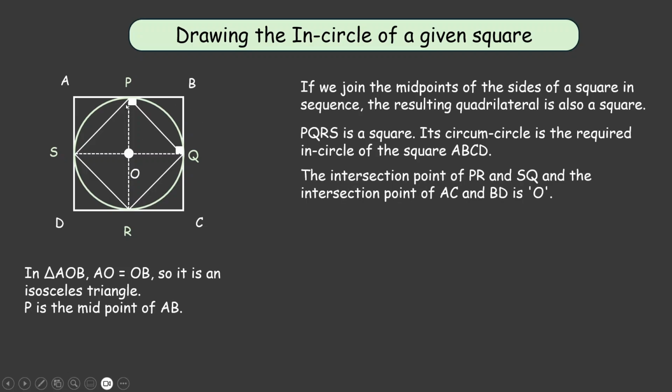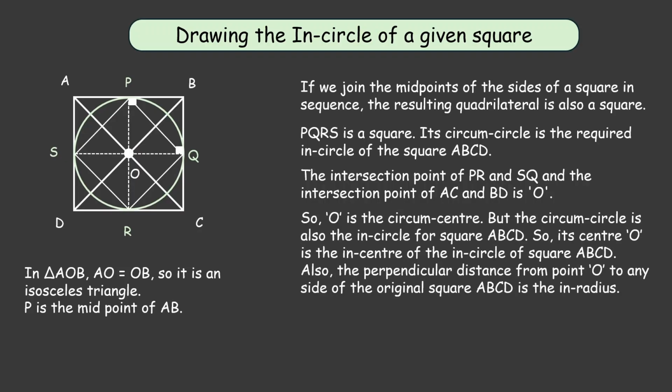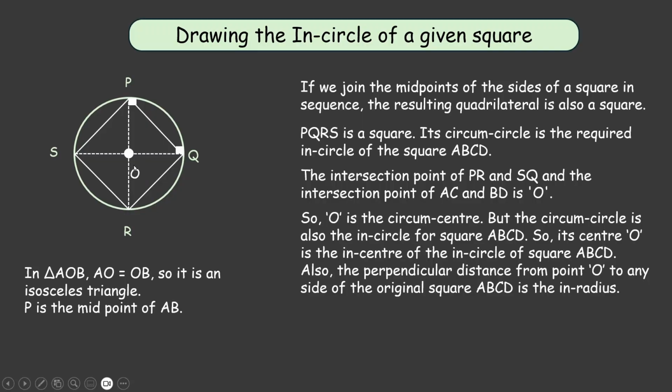And the intersection point of PR and SQ is O, which is also the intersection point of the diagonals AC and BD. So what do we see? We see that O is the circumcenter. Why? Because this is the circumcircle for PQRS.